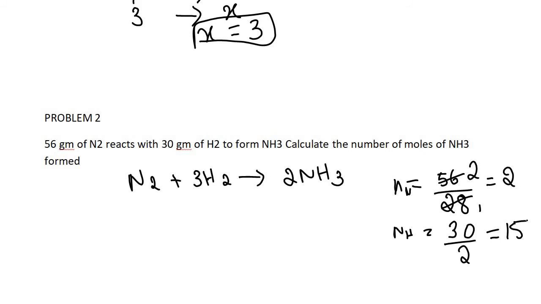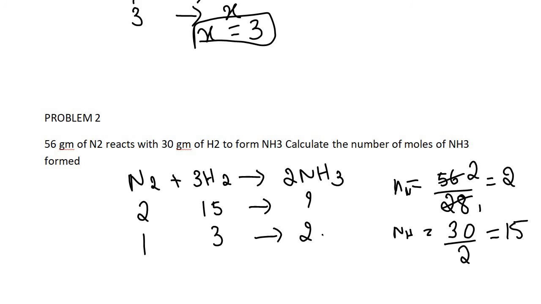We write the number of moles: 2 moles of nitrogen and 15 moles of hydrogen, and we need to find the number of moles of ammonia formed. That is the question. The stoichiometric coefficient of nitrogen is 1, hydrogen is 3 and ammonia is 2. Now we have to find which is the limiting reagent.